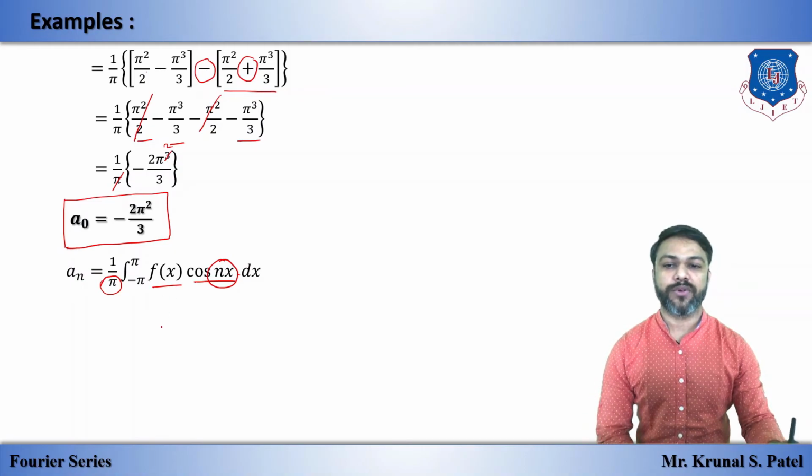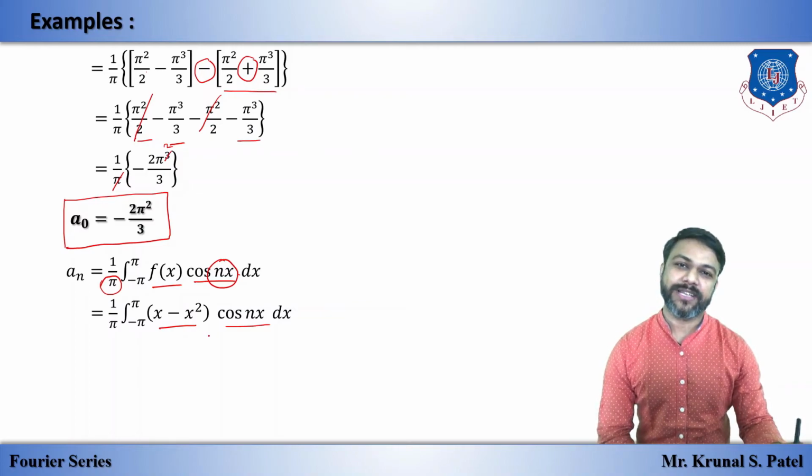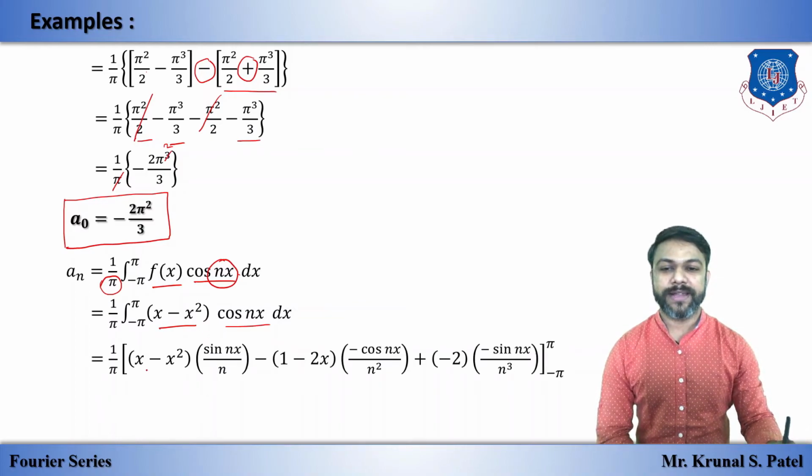Now put the value of f of x. So we have x minus x square cos nx as it is. Now we will apply Bernoulli integration. So in Bernoulli integration, first u as it is, the integration of cos nx is sin nx by n, minus the differentiation of this x minus x square.